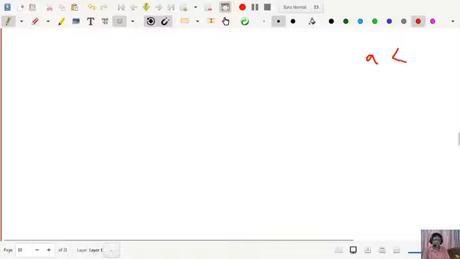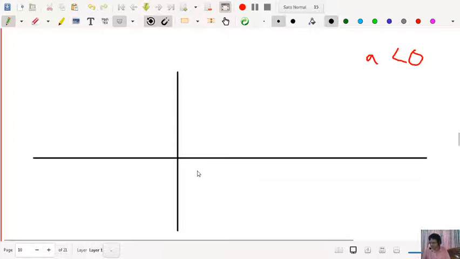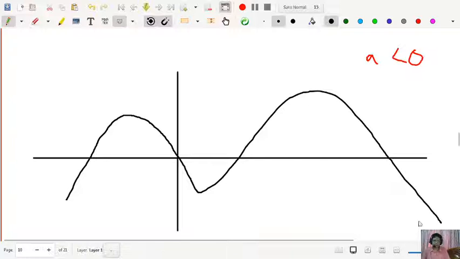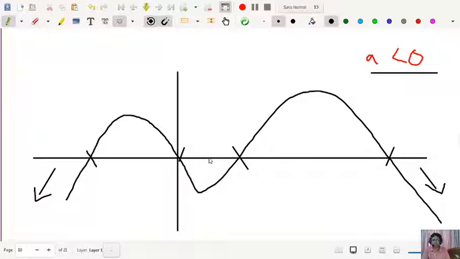If a is less than 0, so it's negative, it is of opposite nature and it falls to the left and falls to the right. Both sides it goes down, and there will be 4 real zeros. In all the diagrams I'm showing the real zeros, real intersections with the x-axis, right?